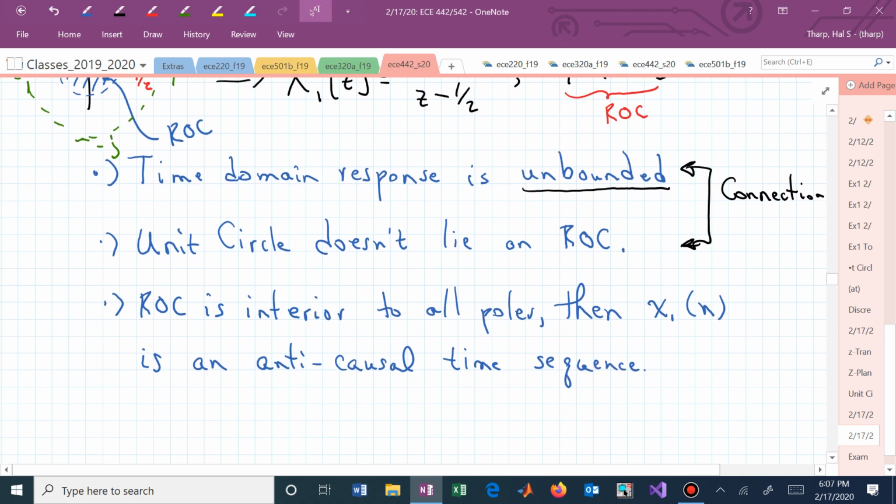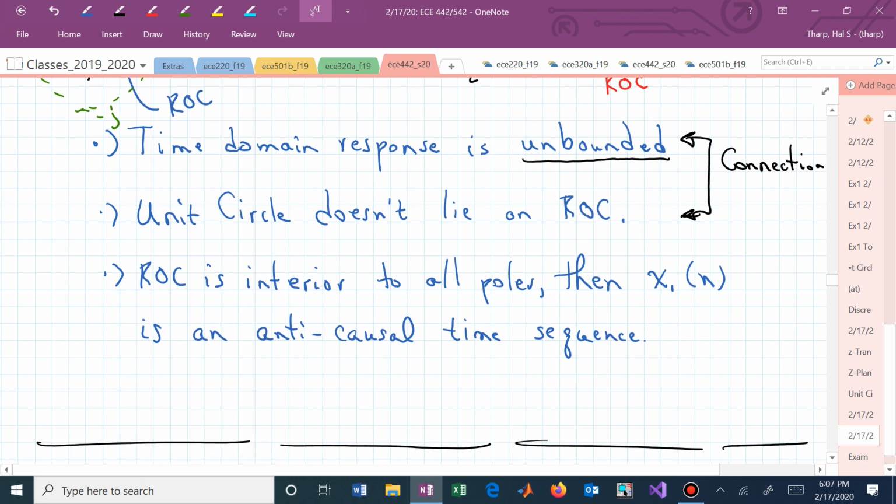And that's just the opposite of what we stated before, when we had all of our poles interior to the region of convergence. Now all of our poles are exterior to the region of convergence. And we know that x1 of n is equal to 0 for all n non-negative.